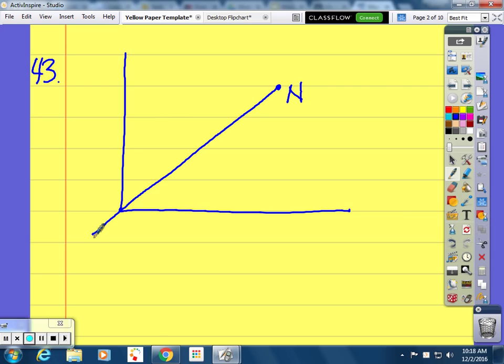And then we go to answer choice A. It says 6, 0. 1, 2, 3, 4, 5, 6. 6, 0 is right here. Does that hit the line? No. So it can't be that one. The second one says 2, 3. So we go over 2 and up 3.